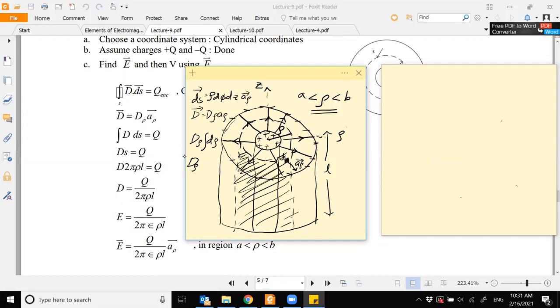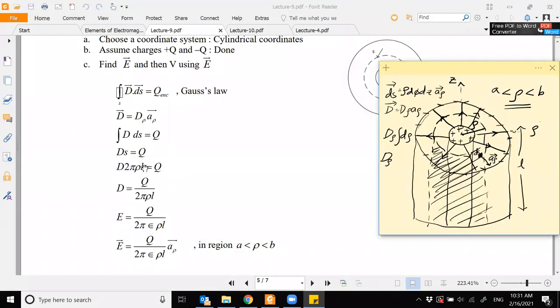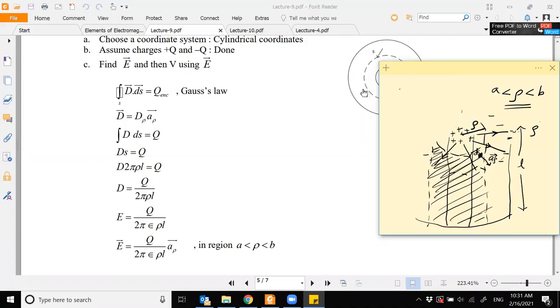And the area of this surface is 2 pi rho L. And therefore my D rho is Q over 2 pi rho L. And hence your D bar is equal to Q over 2 pi rho L A rho.